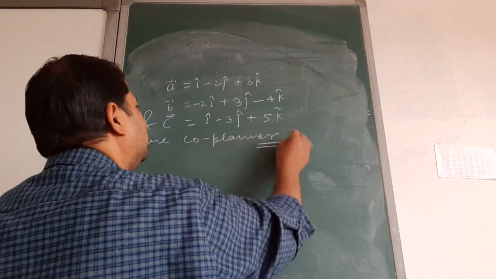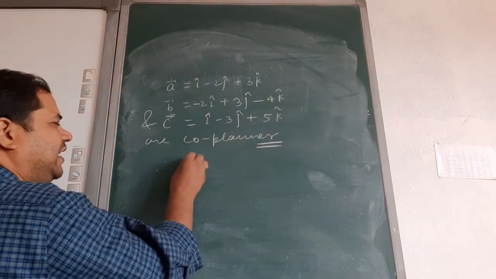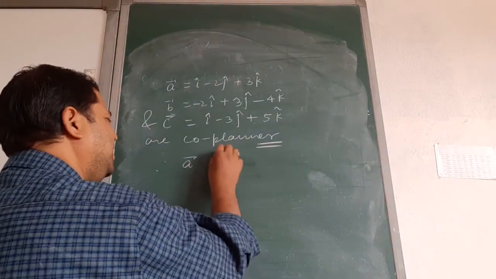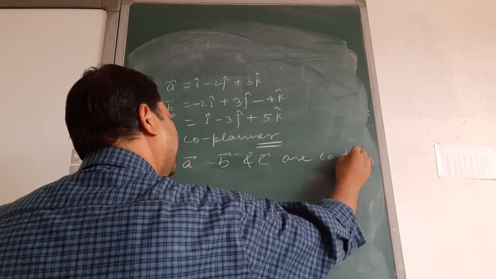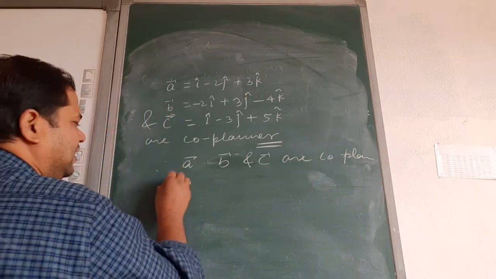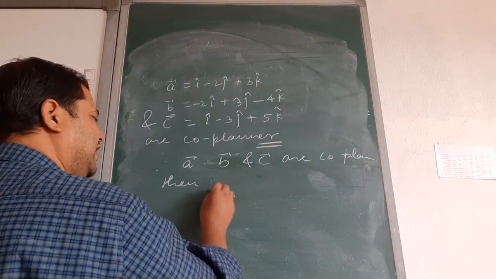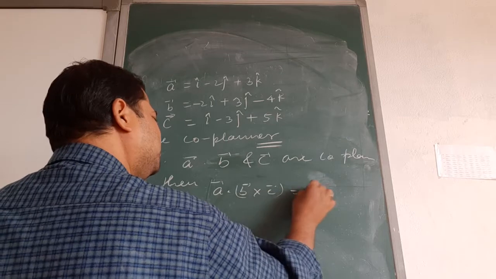You have to show these vectors are coplanar. So what you show? Simply, since A, B and C are coplanar, then this determinant A dot B cross C must be equal to 0.